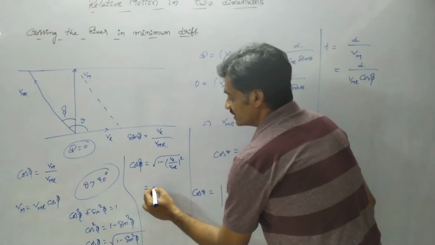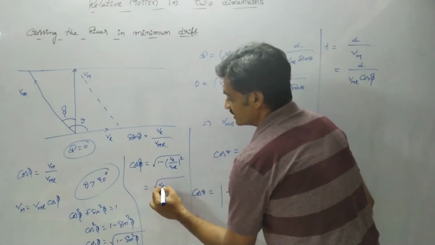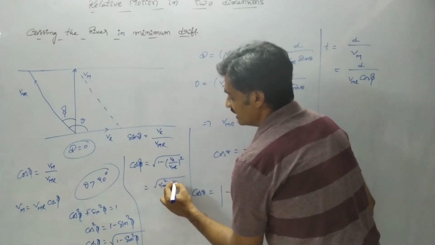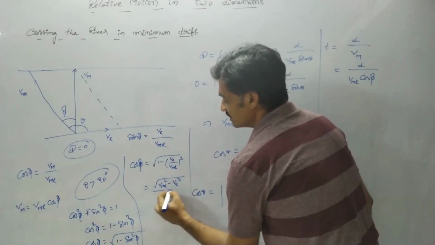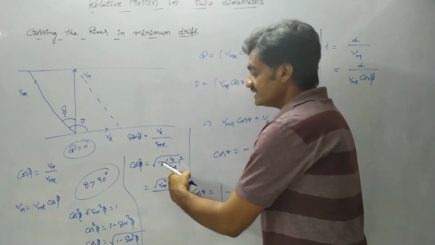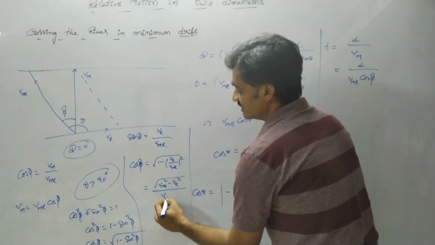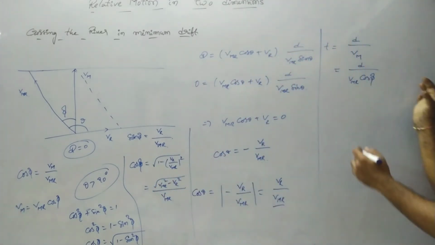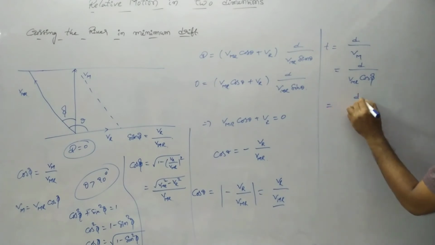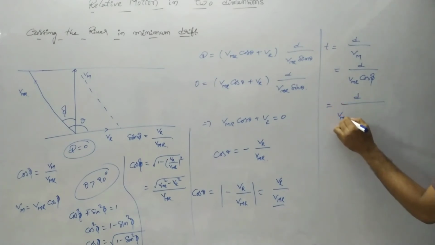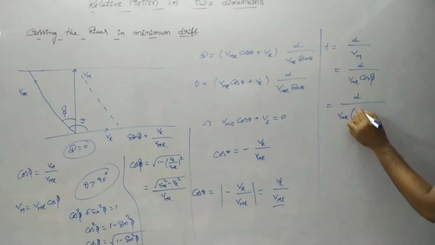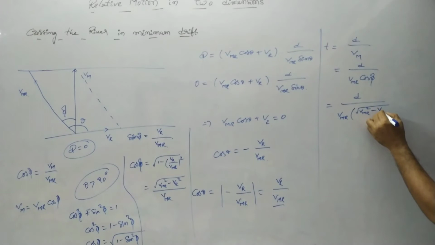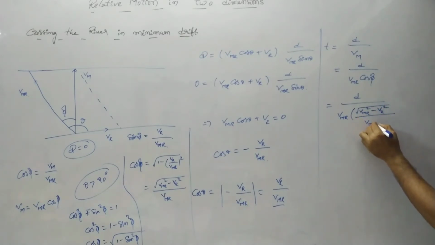Then on solving this, we can represent it as under root of v_mr whole square minus v_r whole square by v_mr. So let's substitute this value in this equation. If we substitute here, we get d by v_mr into under root of v_mr whole square minus v_r whole square by v_mr.